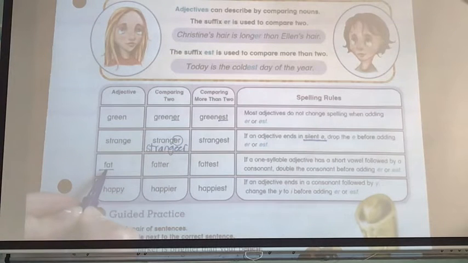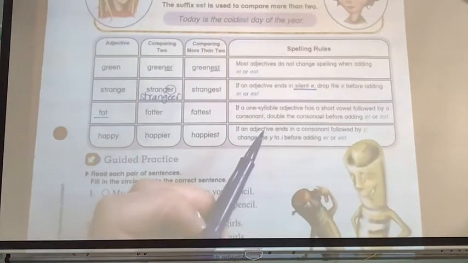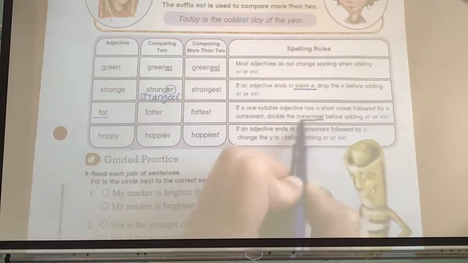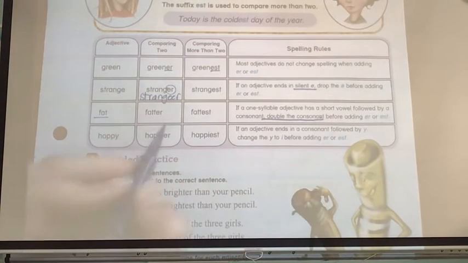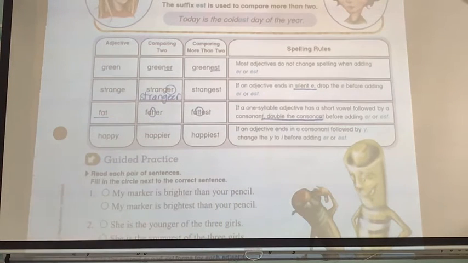So, there's my A, which is a short vowel, and my consonant is T. It wants me to double the consonant before adding ER or EST. So you can see they did the double T on both of those. This one I think is especially tricky, the spelling rule.